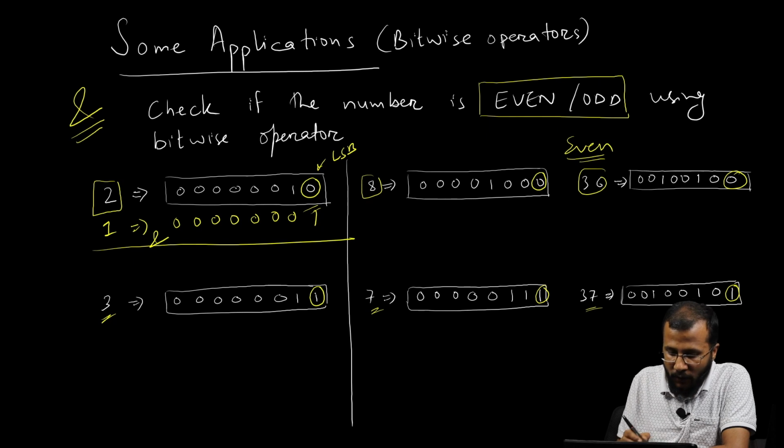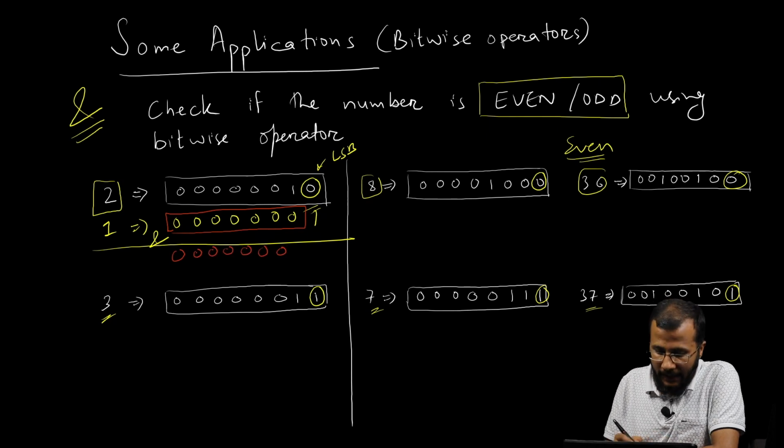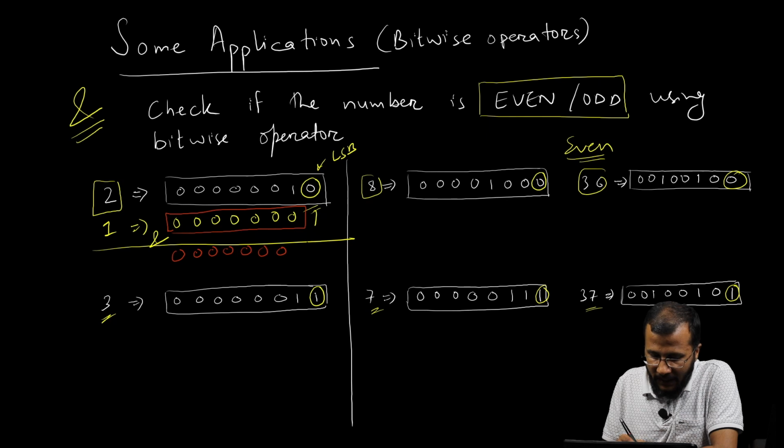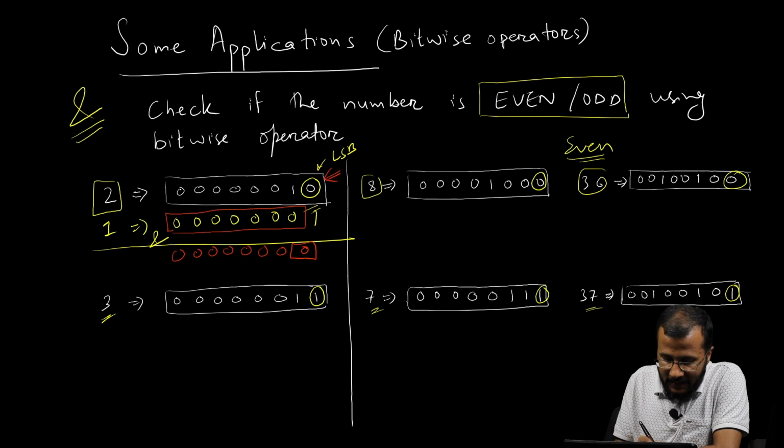Bitwise AND will make sure that because all these 7 bits are 0, I'm guaranteed that in my output the first 7 bits would always be 0, right? And the last bit would be either 0 or 1, based on what the bit value is here. If this bit value is 0, then this is also 0, which is as good as my decimal 0.